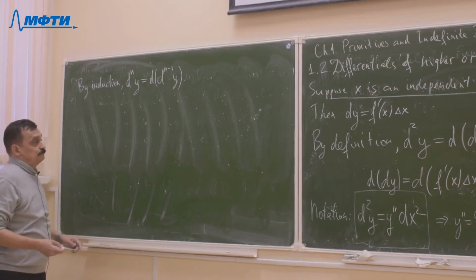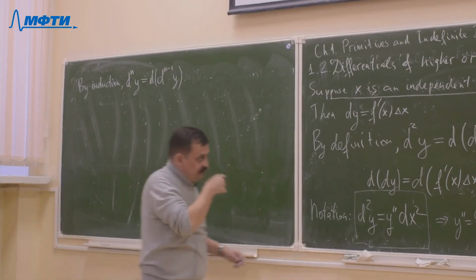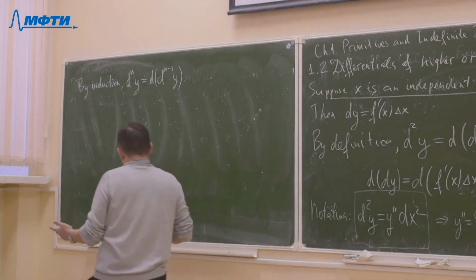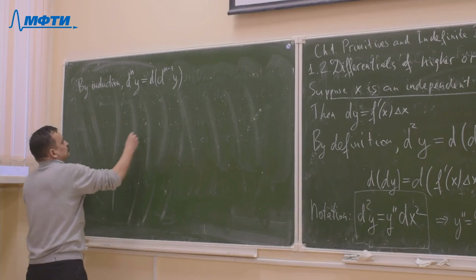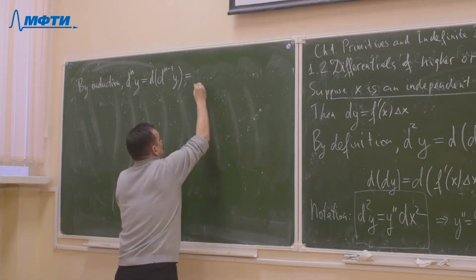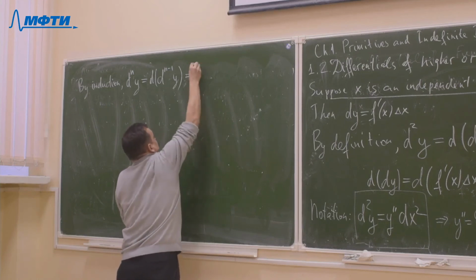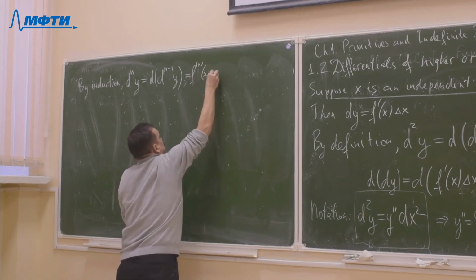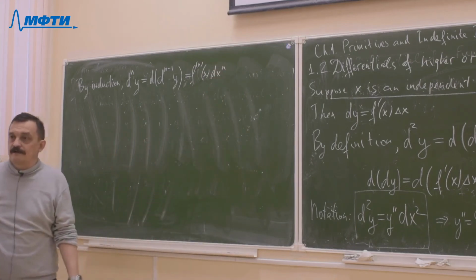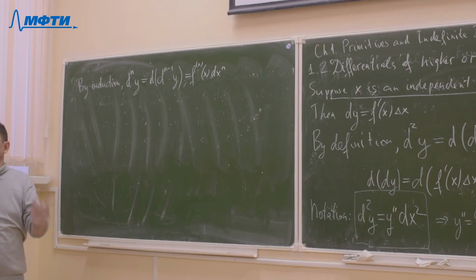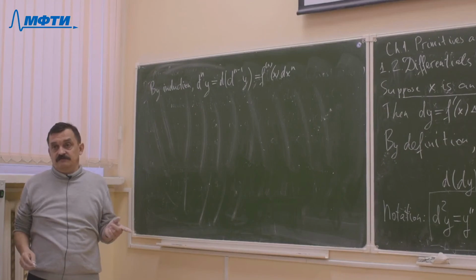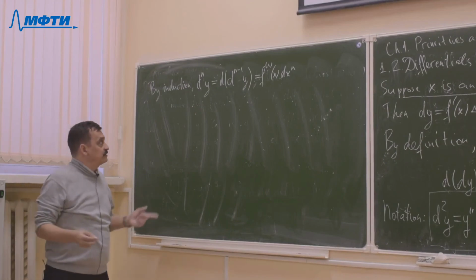So, and look, if we proceed like here, then by induction, we can easily prove that this is equal to the nth derivative times dx power n, right? But that is only for the case when x is an independent variable, of course, right? Otherwise, it is not true.